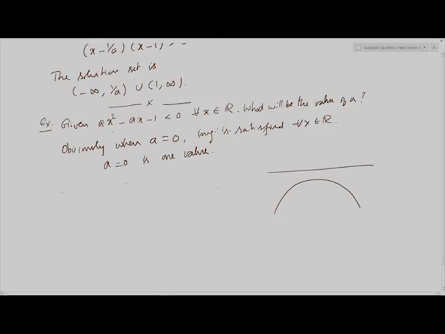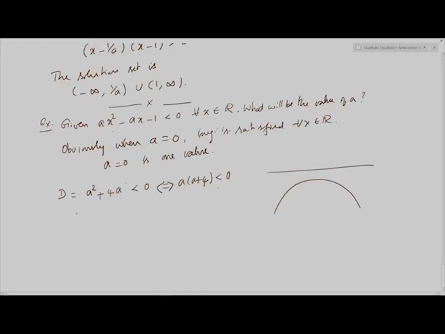In that case our discriminant D, which is equal to a square plus 4a, should be negative, which is if and only if a into a plus 4 is negative. Obviously a cannot be positive here, because if a is positive, a plus 4 is positive, which cannot happen. Therefore, a is negative.